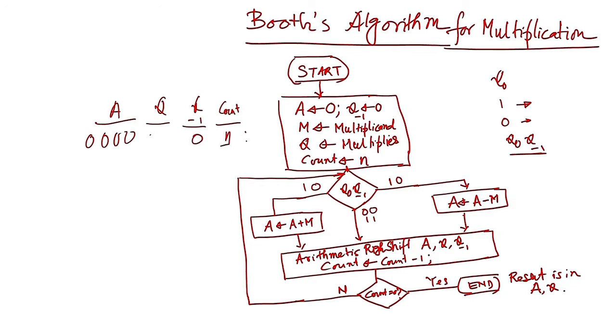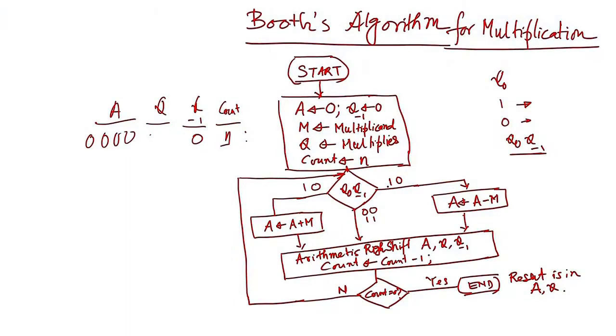So, this is the first step. Okay. After that we will check the 2 bits. Earlier we were checking Q 0, along with that, on the right side of Q 0, the bit initialized with 0. If the value is 0 1 then we will subtract, if it is 1 0 we will add, and if it is 0 0 or 1 1 we will do this operation here.